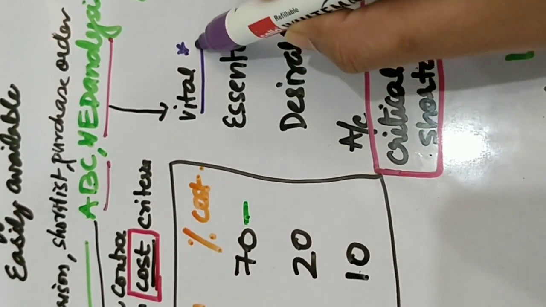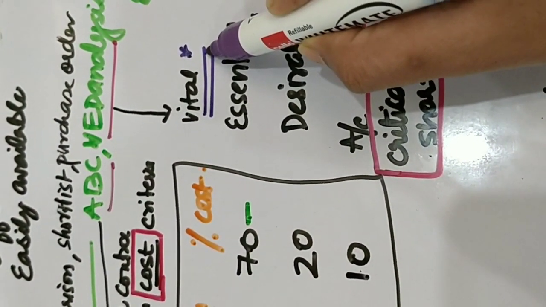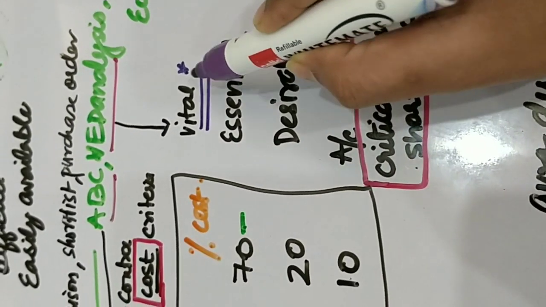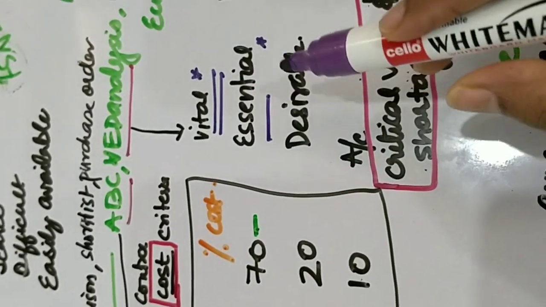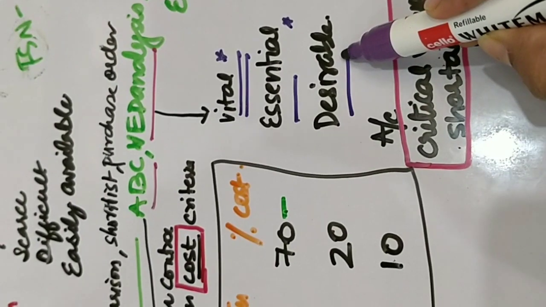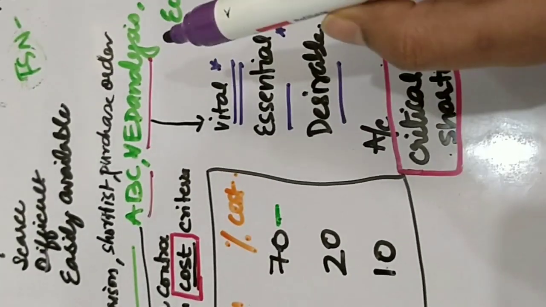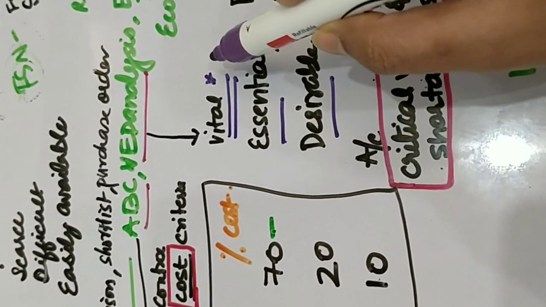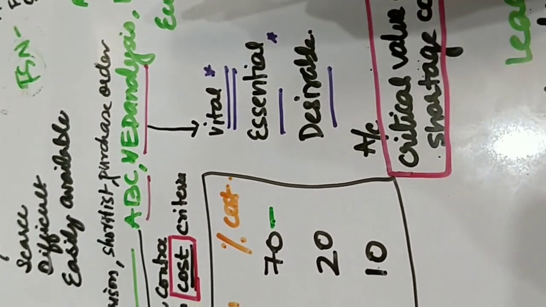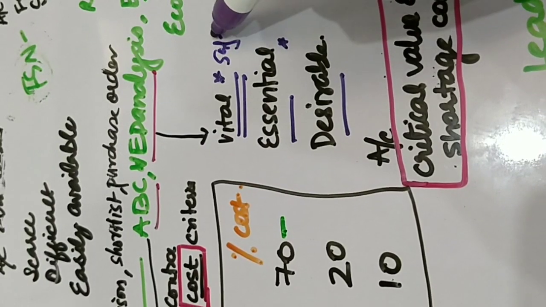So the vital things should always be there with us at all times. Essential things can be there, but desirable things can be there or cannot be there. That depends upon our resources, but vital things should always be maintained, and this is known as safety stock. The safety stock should always be there.